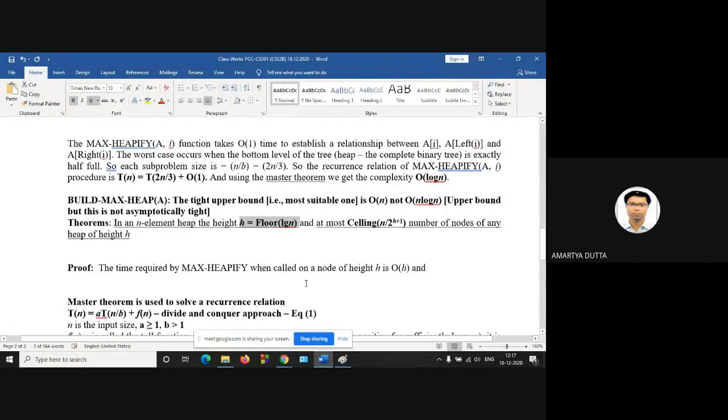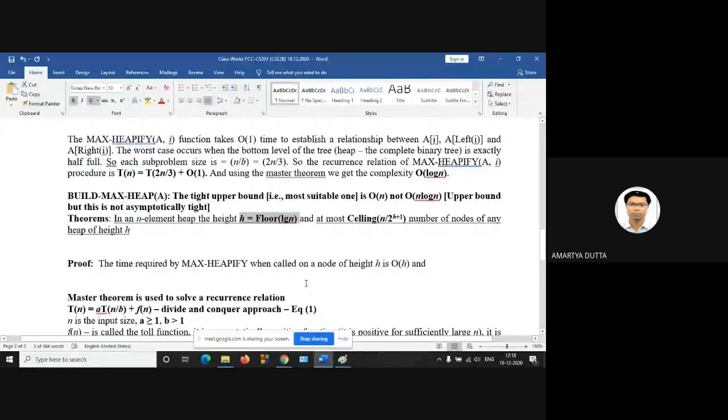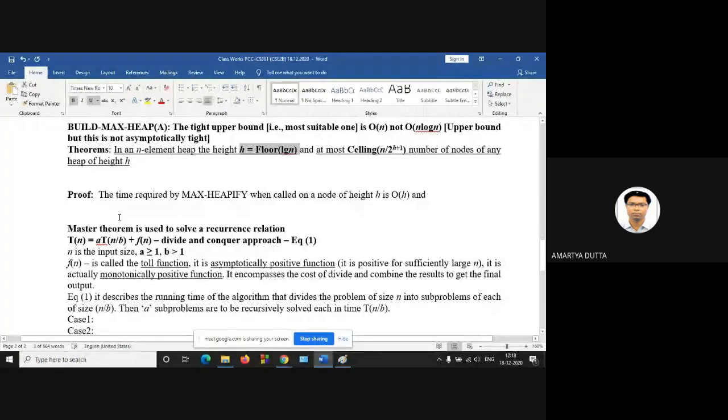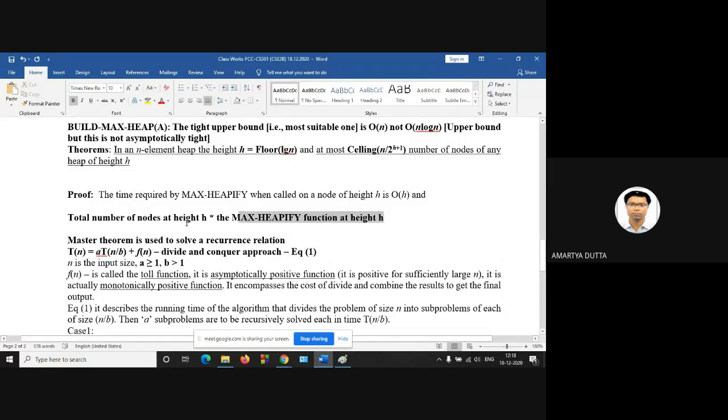So build max heap means the total number of nodes at height h times the max heapify function at height h.